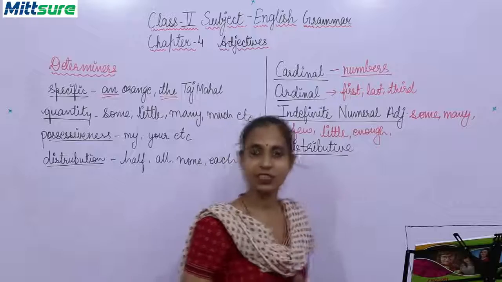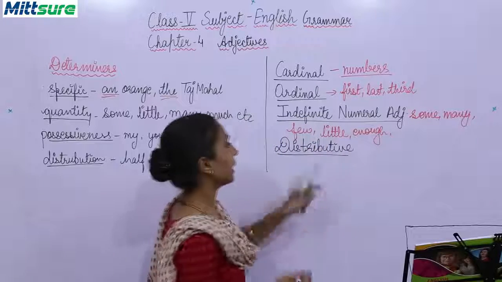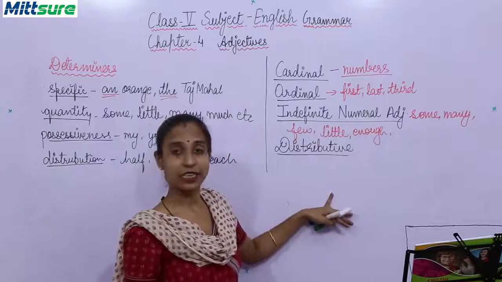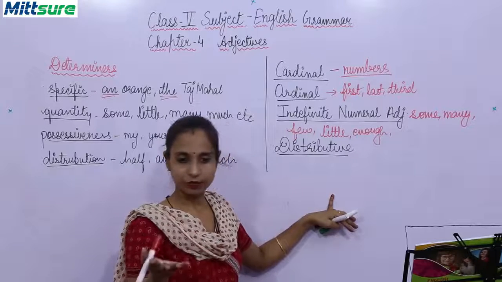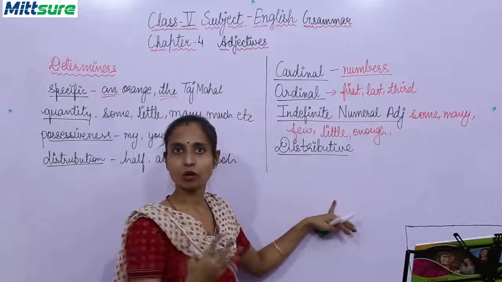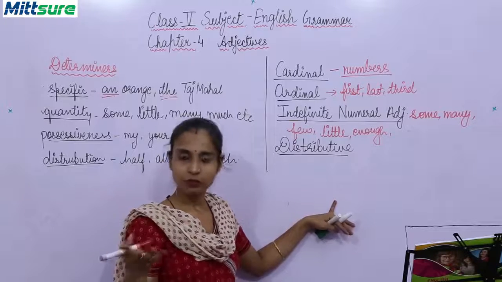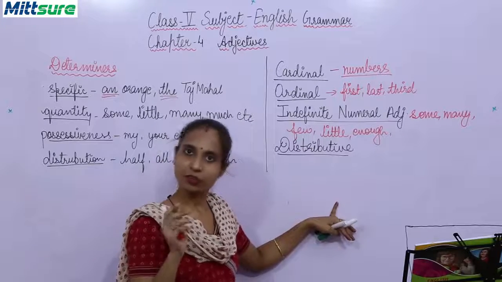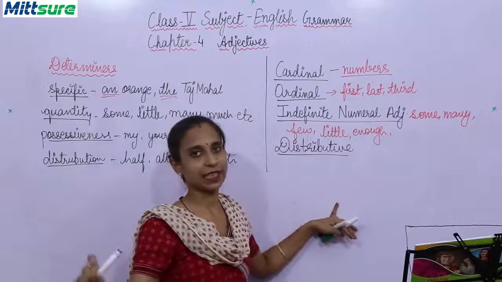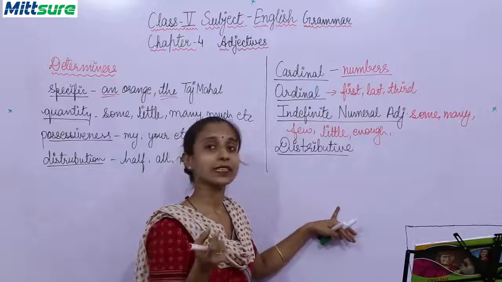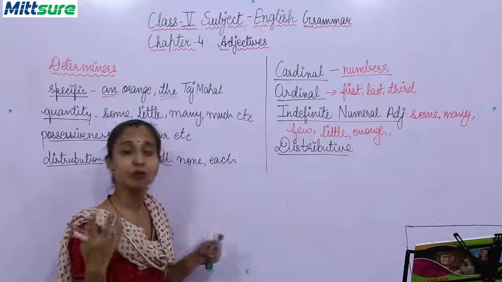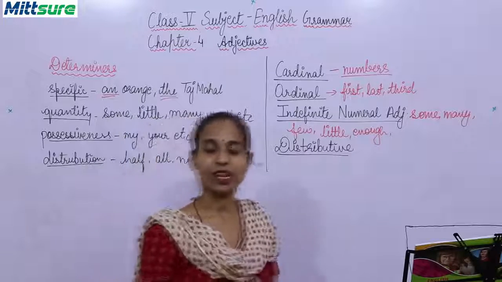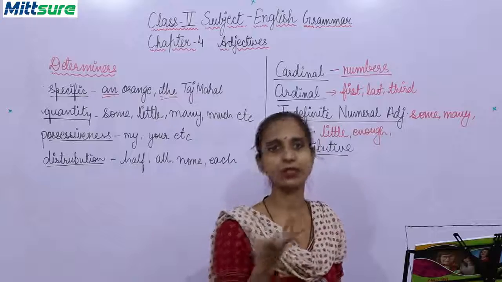These are indefinite numeral adjectives. Indefinite, we have not specified the number or quantity. We have not specified the exact number or the exact quantity. Like I said, in here, some salt. How much salt? We haven't measured, only some is required.